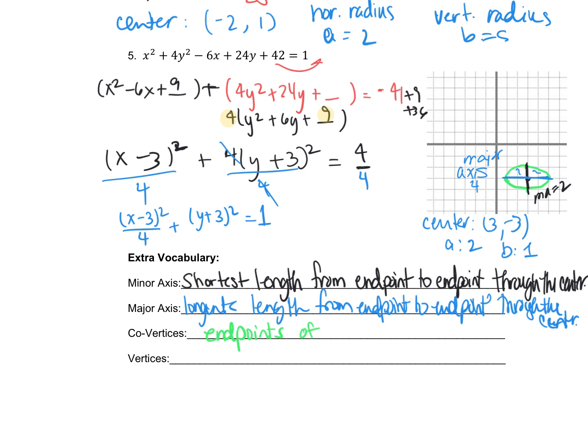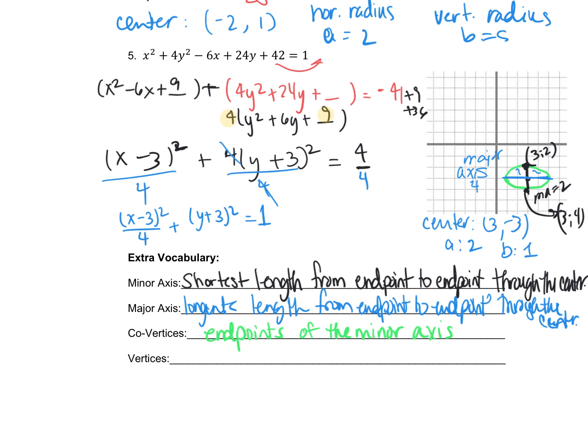The covertices are endpoints of the minor axis. So our endpoint for the minor axis was this one, which would be what? 3, 2. And this one would be 3, not 2, sorry, negative 2, 3, negative 4. Okay.